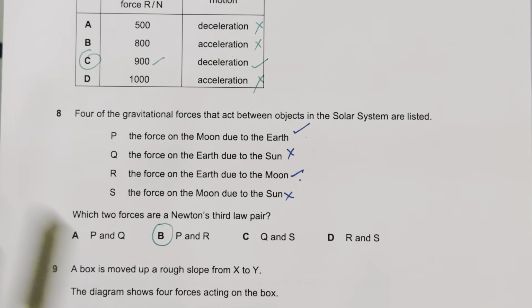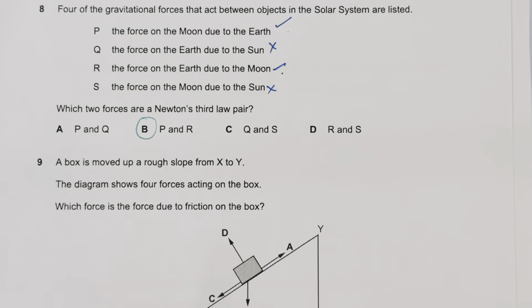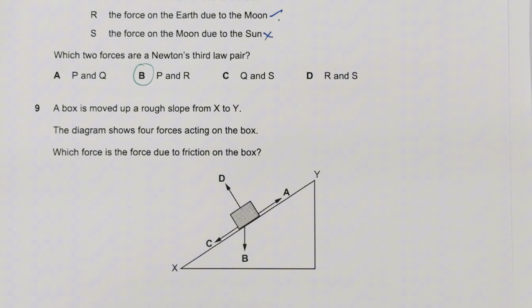Moving to question number 9. A box is moved up a rough slope from X to Y. The diagram shows 4 forces acting on the box. Which force is the force due to the friction on the box?